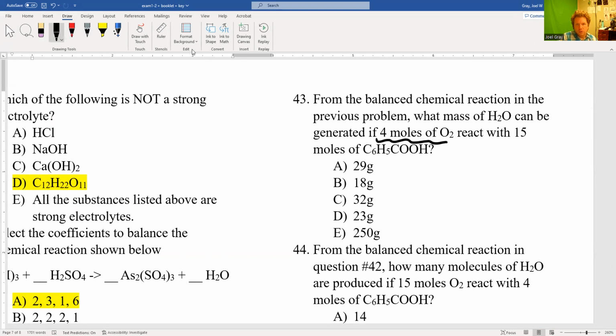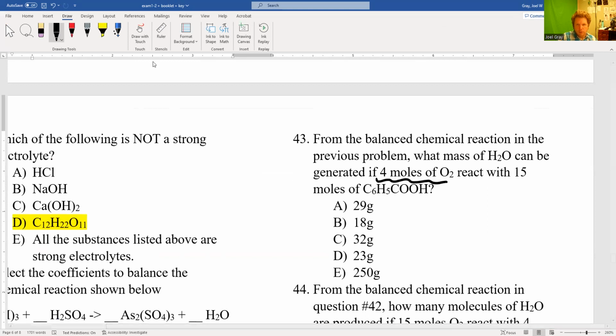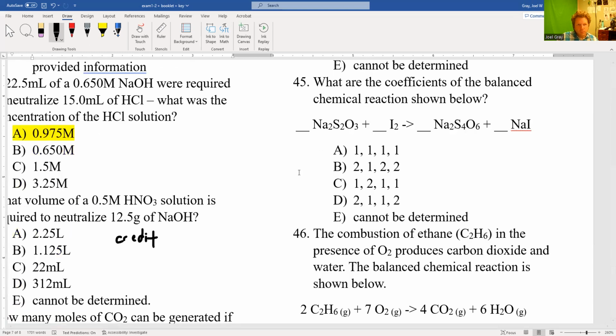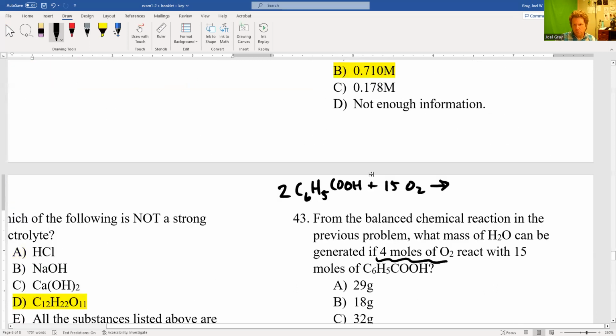Our chemical reaction is, sorry, just a second. It was 2C6H5COOH plus 15 O2 yields, my memory is not so strong, 14 moles of CO2 and 6 H2O.